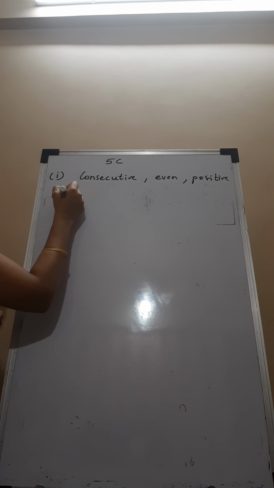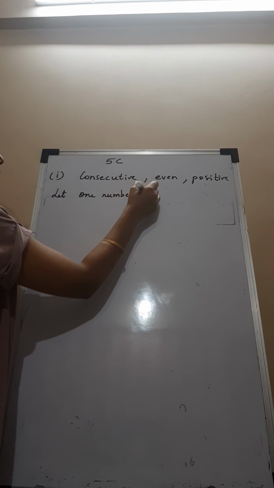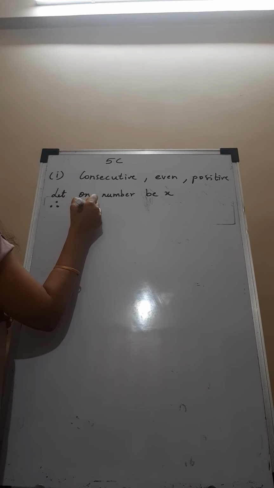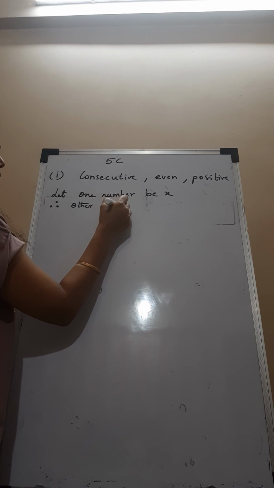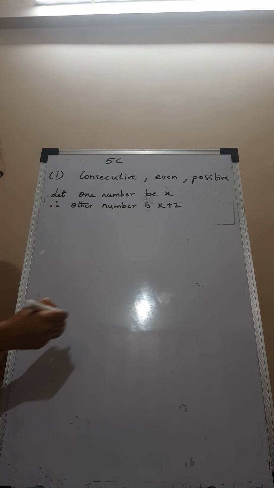So let one number be x, therefore the other number is x plus 2. Okay. Now the next part, it is said that the sum of whose squares is 452.